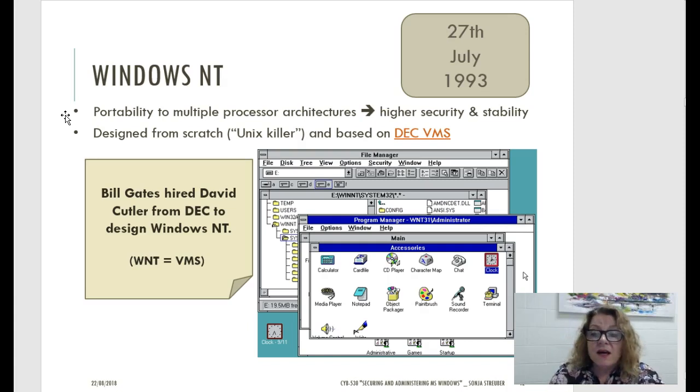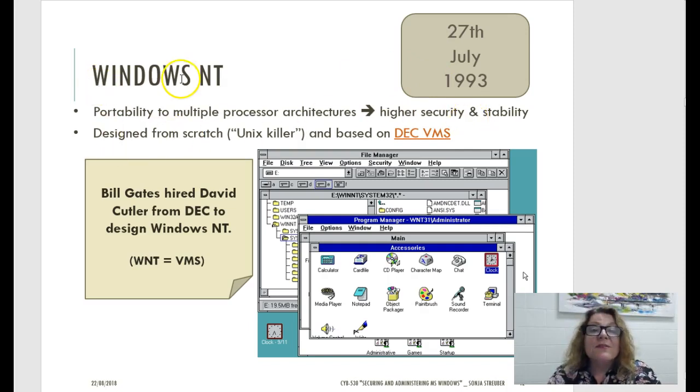Then Windows NT was really designed as being the Unix killer, in order to take over that Unix server market that had established itself based on AIX at that time, and also Solaris, the beginnings of Unix Solaris.